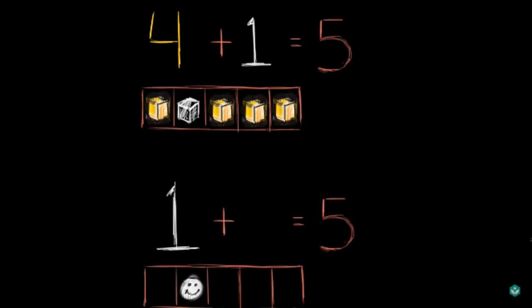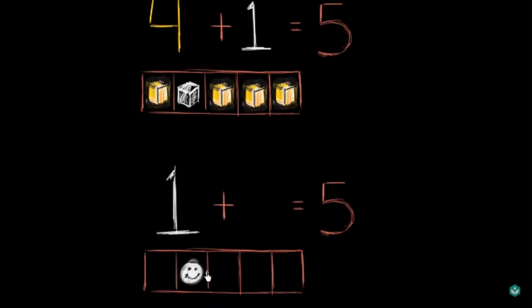Now let's go the other way. We have the 5 boxes. Only 1 of them is filled in. How many more of these smiley faces do we need to add in order to fill in all the boxes? Or another way of thinking about it, we have 1. How many more do we need to add to 1 to get to 5? And like always, encourage you to pause the video and think about it on your own. Well, let's see.